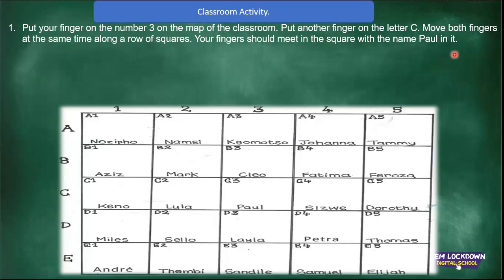Yes, ma'am. I found Paul in 3G. How did you do it? I put my finger on C and I moved left. Okay, it's C and then you moved. Yes, I'm moving right.